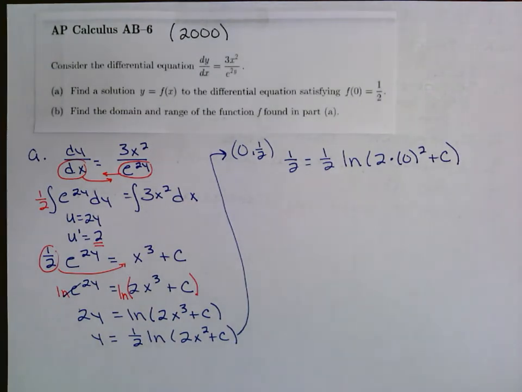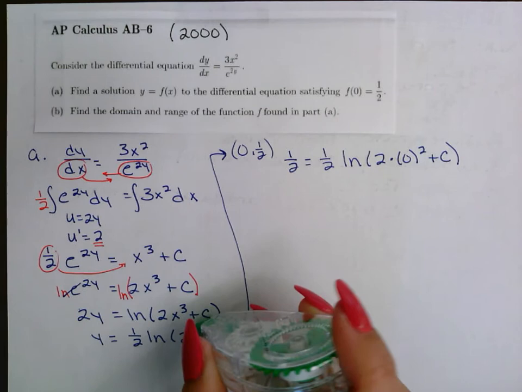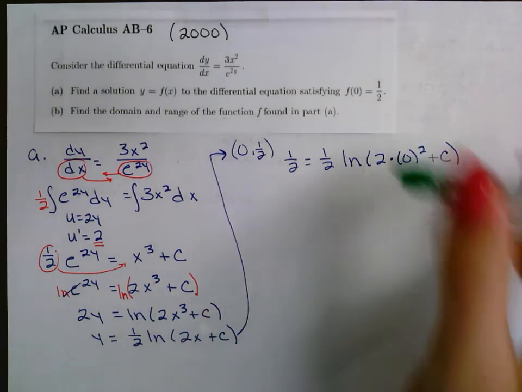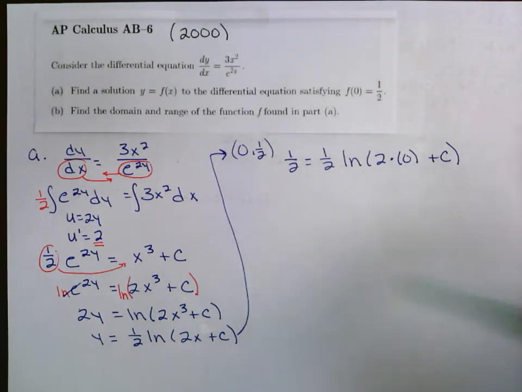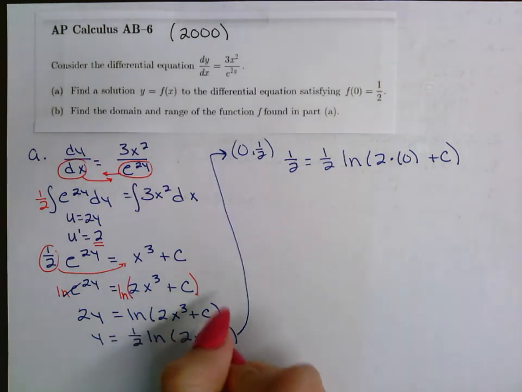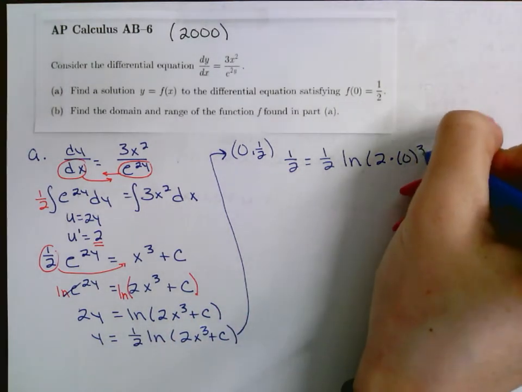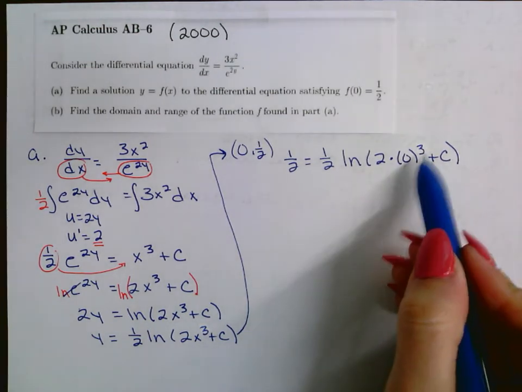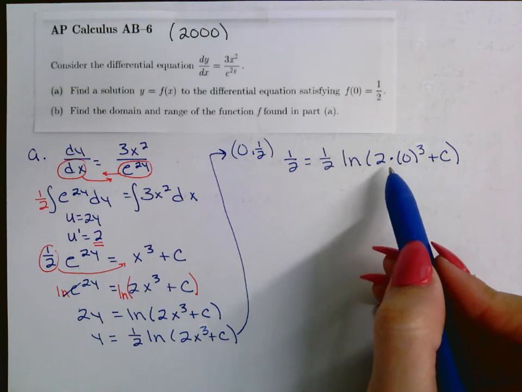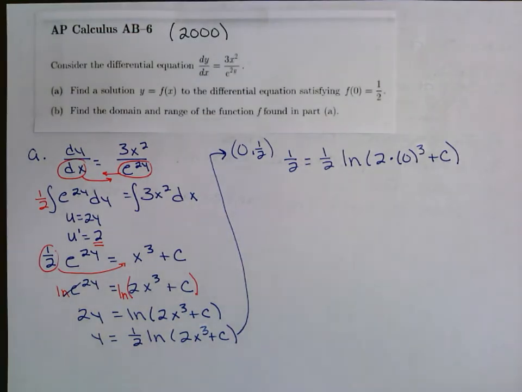Okay? All right, my students, just notice that I put a squared instead of a cubed. Okay? 0 cubed is 0, and 0 times 2 is 0, and 0 plus c is just c.